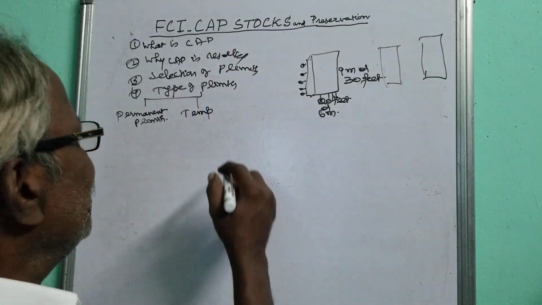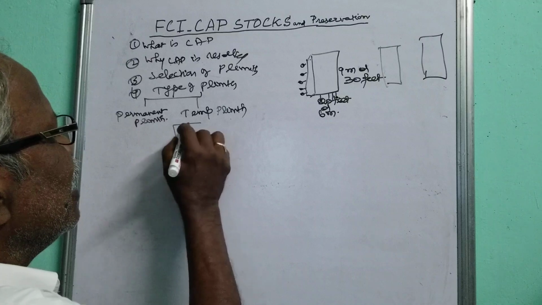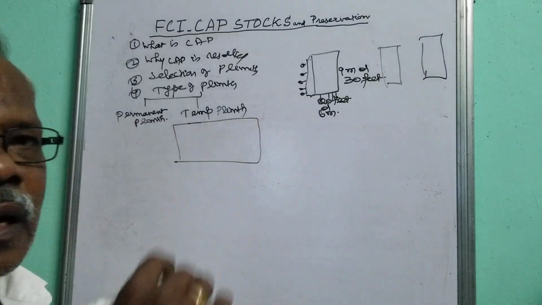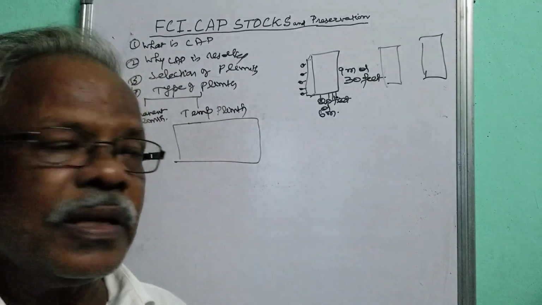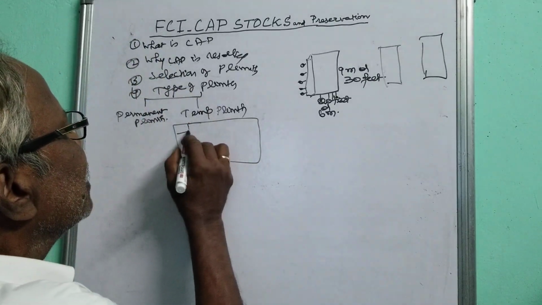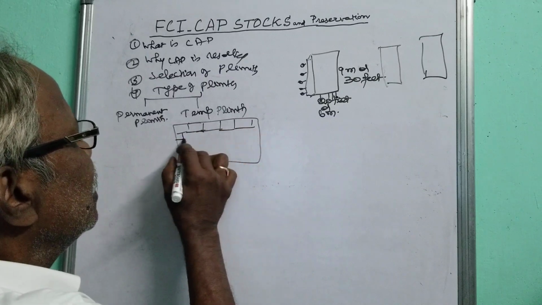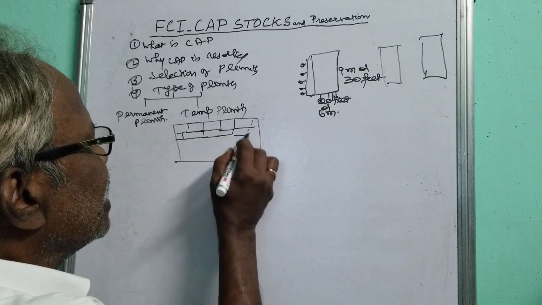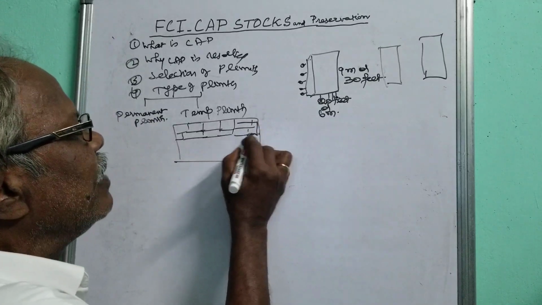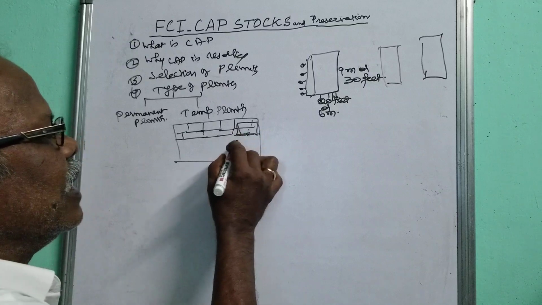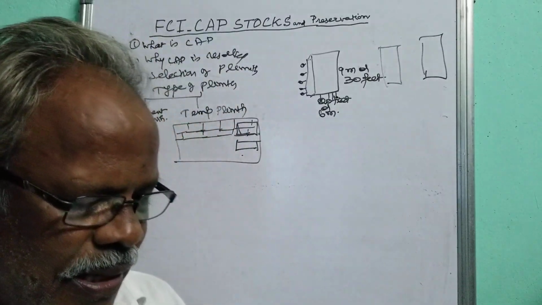Wherever there is very big space, they form concrete structures on the periphery, and inside it the kadapa stones are spread. In this we may build stocks of size 30 by 20. This is another type of temporary plinth.